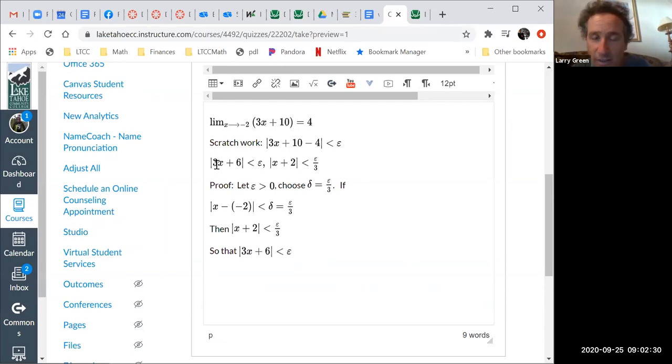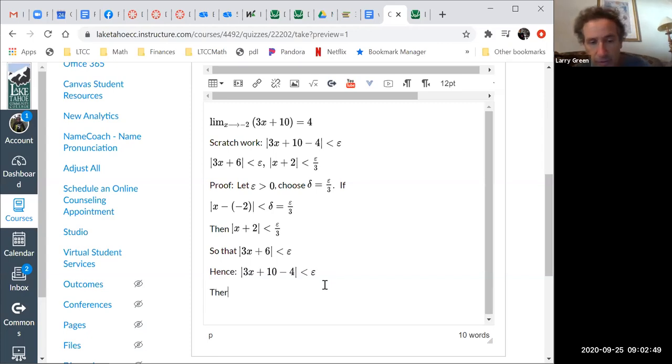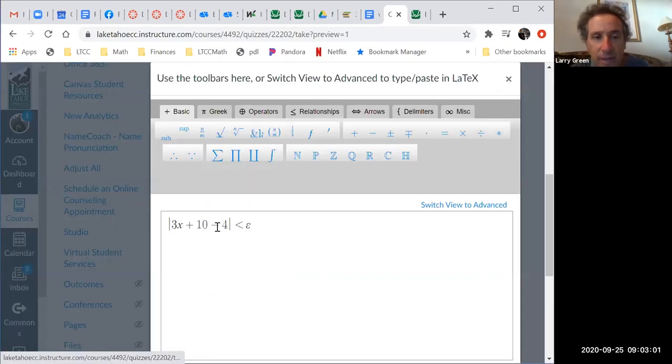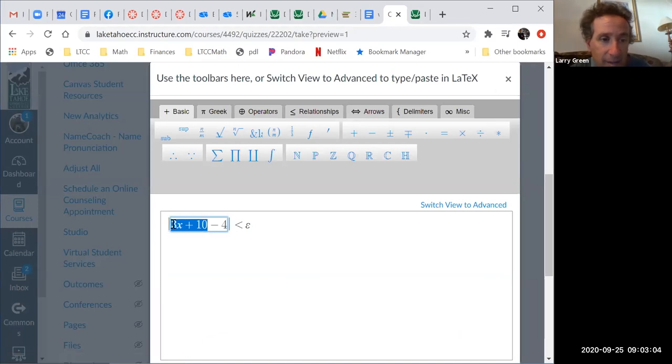Okay, and then there's the whole point of the scratch work. Now we can take the 6 and write it as a 10 minus 4. So hence, the absolute value of 3x plus 10 minus 4 is less than epsilon. Therefore, and now the point is the 3x plus 10 is the f of x.